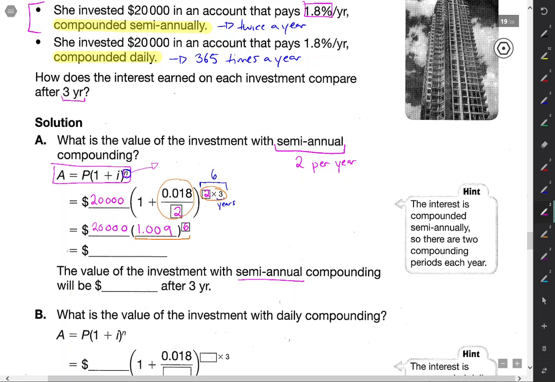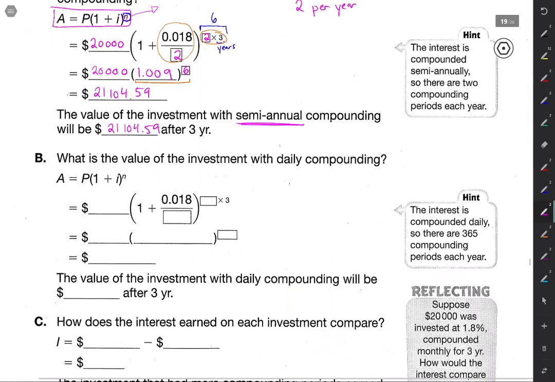And in the end, you should get $21,104.59. So the value of the investment with semi-annual compounding will be $21,104.59 after 3 years.